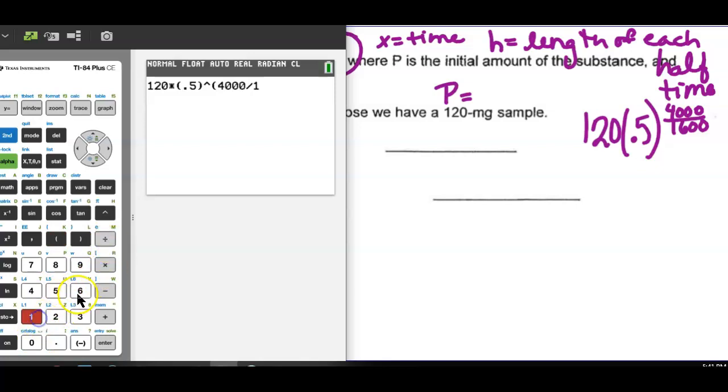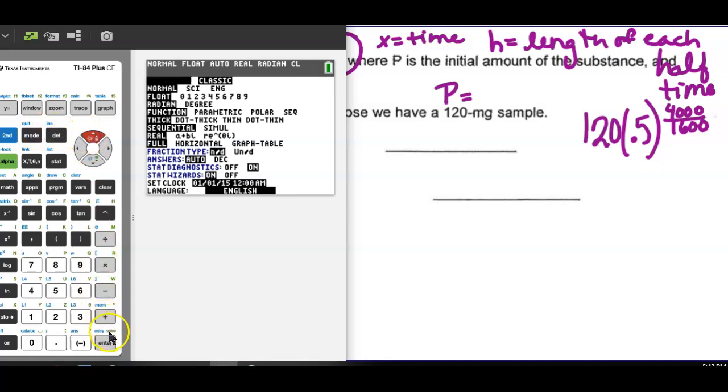Okay, if you have an older calculator, it was going to look like that. Okay, I'm going to go back and put mine in my pretty math print mode.